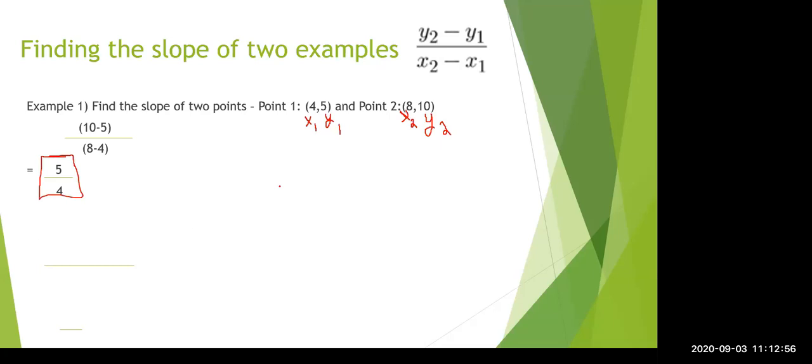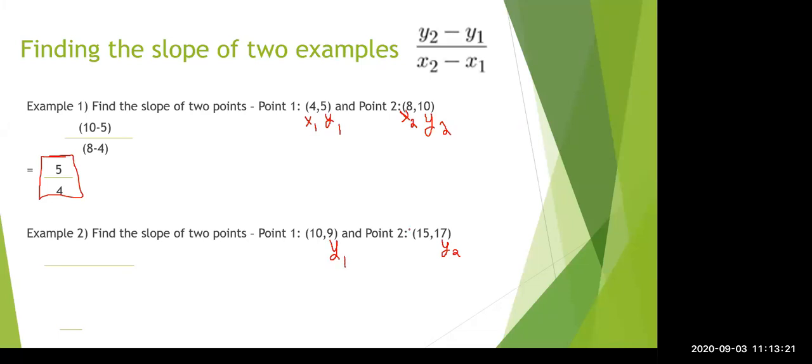So now another example. The slope of 2 points, and the first point is 10, 9, and the second is 15, 17. So basically what we'll do, again, is label the y2, the y1, the x2, and the x1. So 17 is the y2, then the y1 is 9, the x2 is 15, and then the x1 is 10.